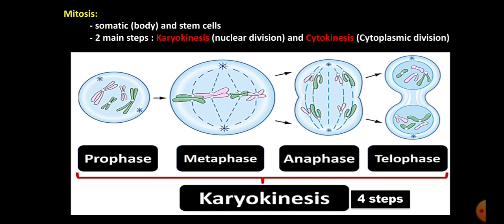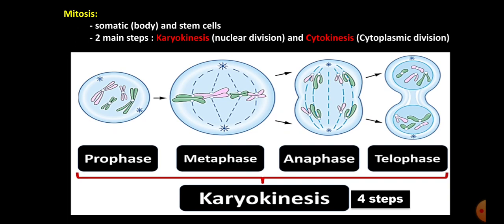Now in the telophase, after reaching the opposite poles, these daughter chromosomes decondense again, that is, they start becoming thin and thread-like structures, which they were in the beginning in the prophase.